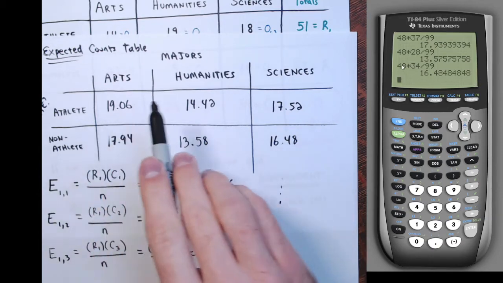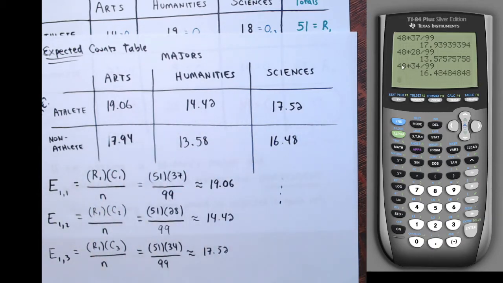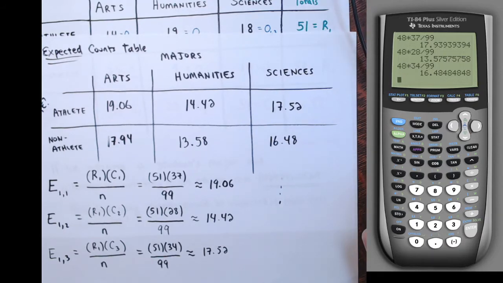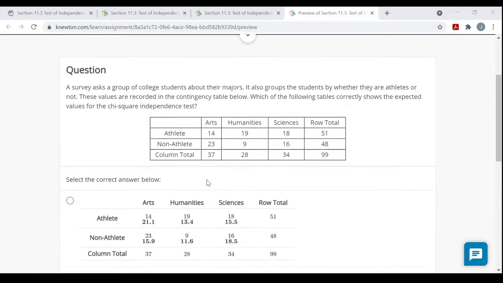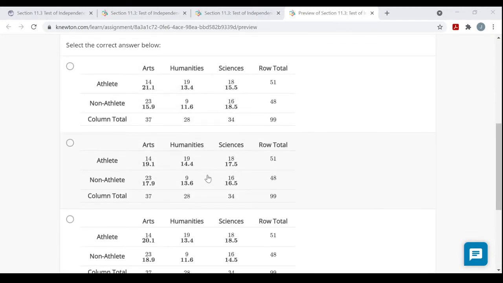All right, so what I have here are all the expected counts, right? What if I had a sample of size 99, based on the previous observations, and if I assume the variables were independent, what would I expect my expected counts to be in each of these cells? All right, now going back, that's one of these. Let's see, so it was 19.06, so about 19.